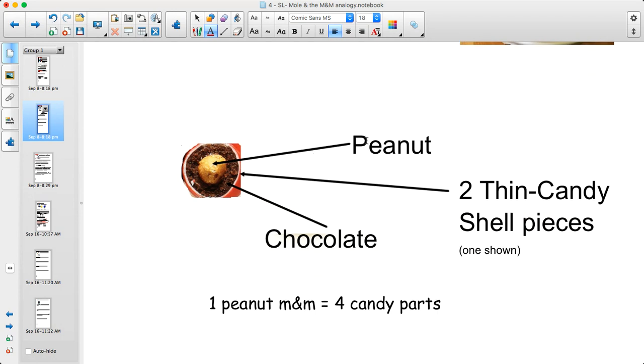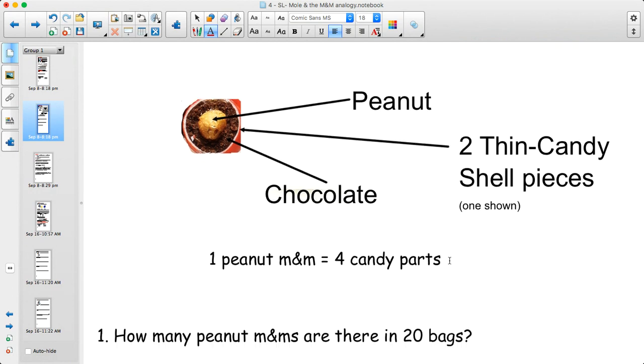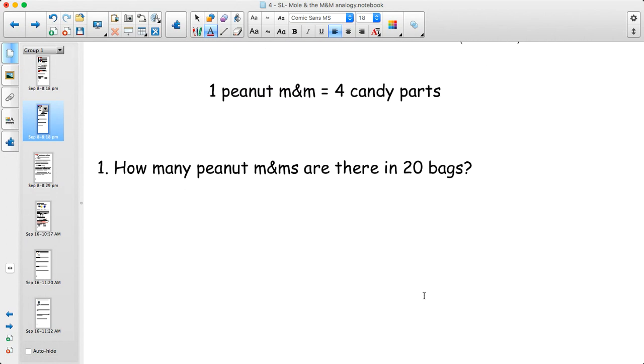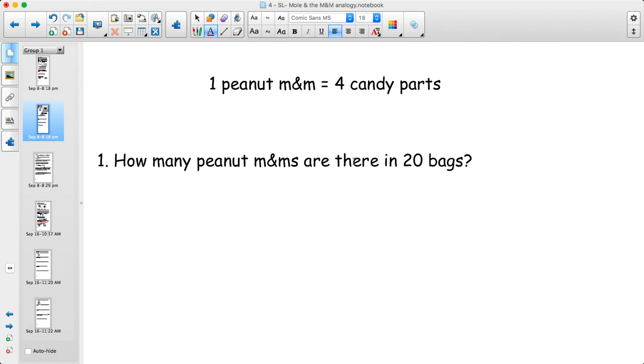It's made of one peanut, a chocolate piece, and for the sake of our analogy here, I'll say it's made of 2 thin candy shell pieces that get fused together. I'm only really showing one here, but for the sake of the analogy, go with me. One peanut M&M really is made of 4 parts.